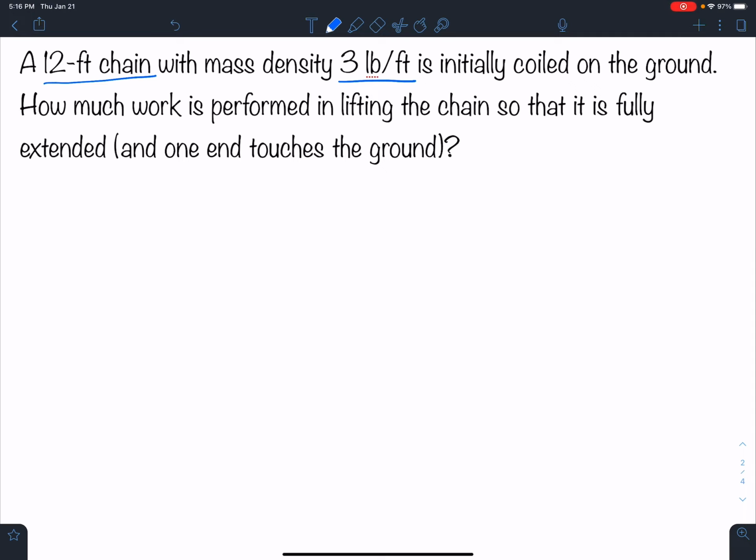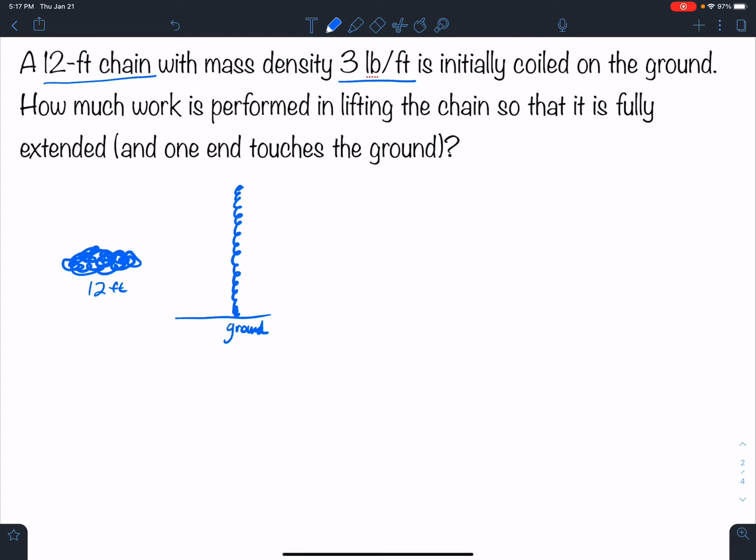This is initially on the ground. So we've got this 12-foot chain, and it's just piled up on the ground. What we want to do is take this chain and lift it so that it's fully extended in the air, but one end is touching the ground.